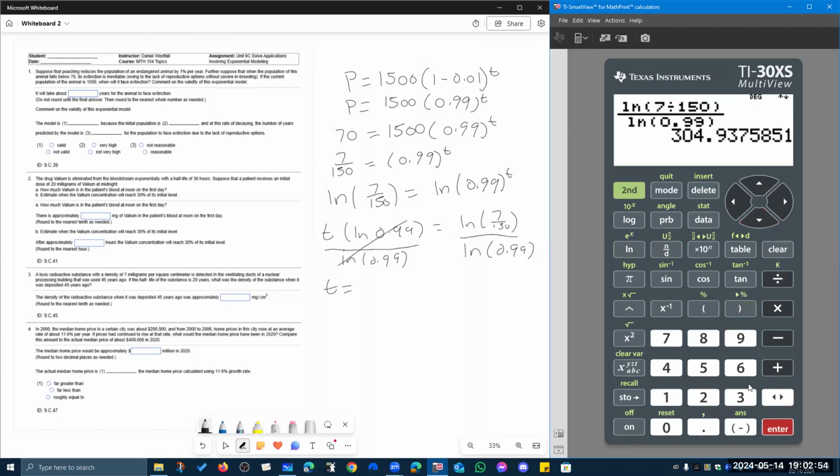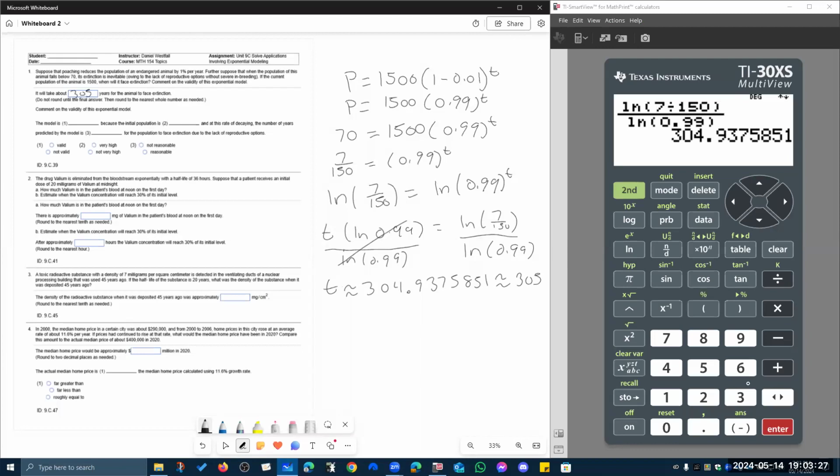And we get 304.9375851 approximately. So this is not an exact answer because, like square roots, most of the time logs are non-repeating, non-terminating decimals. And so we're going to say that this is about 305 years.